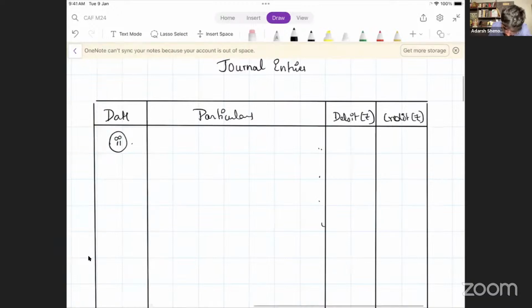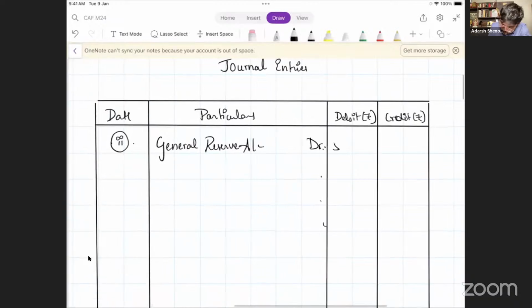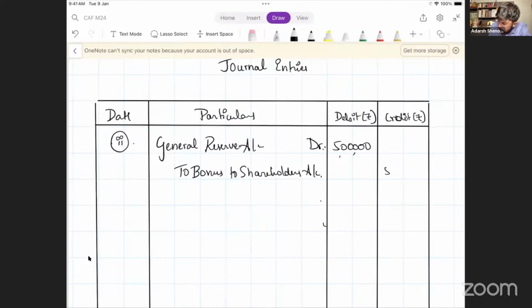This is the second one. General reserve account debit. I'm reducing my reserve, 5 lakhs, to bonus to shareholders, 5 lakhs.